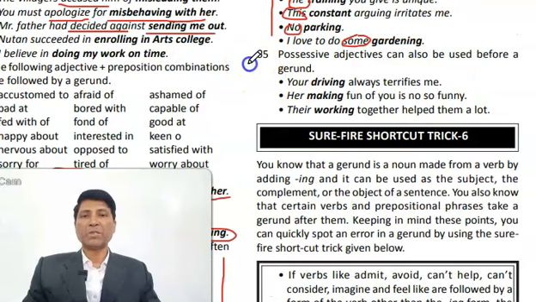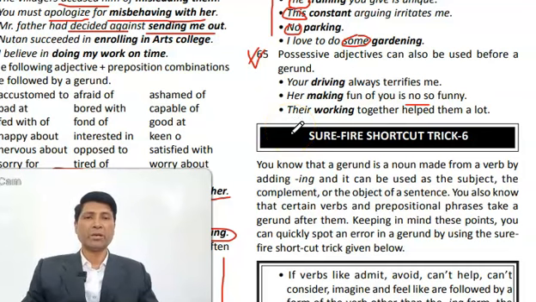Now look at rule number 65. It says possessive adjectives can also be used before a gerund. Your driving always terrifies me. Her making fun of you is not so funny. Their walking together helps them a lot.